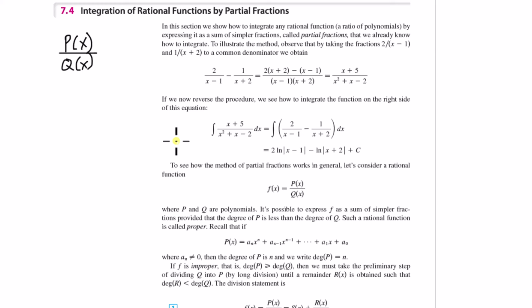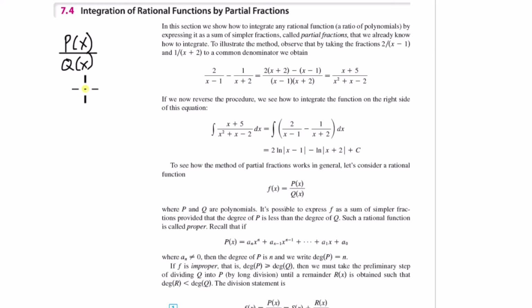And then from there, we can break up the integral into separate integrals and integrate the simpler rational functions separately. Okay? And the process of breaking down a rational function into a sum or difference of simpler rational functions, we learned this in algebra. It's called partial fraction decomposition.